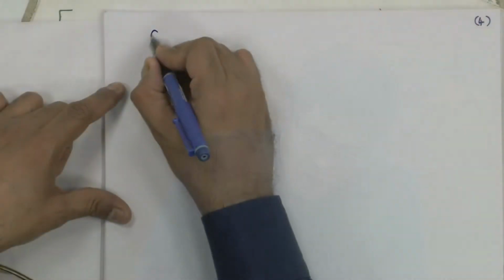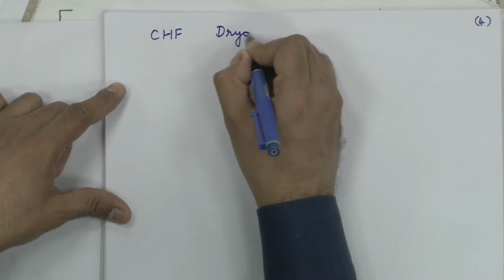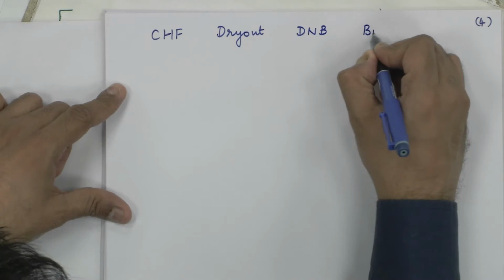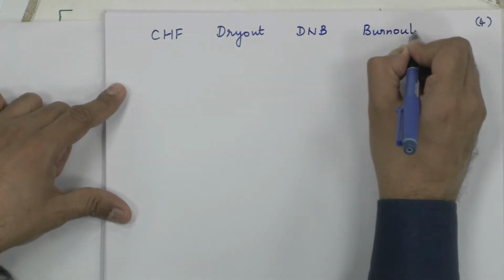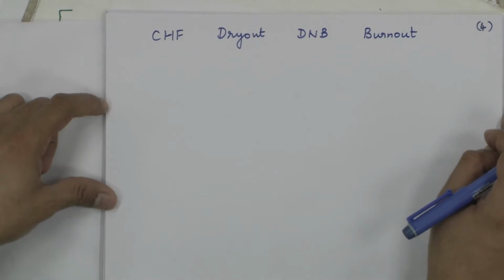Burnout, dry out, DNB, CHF. These are all terms which are used interchangeably by many people. So, CHF, we have dry out, we have DNB, and we have burnout. These are 4 different things which are used interchangeably by people.